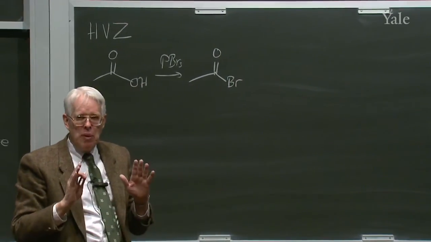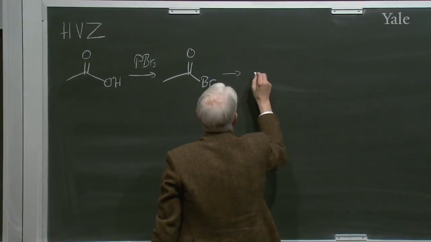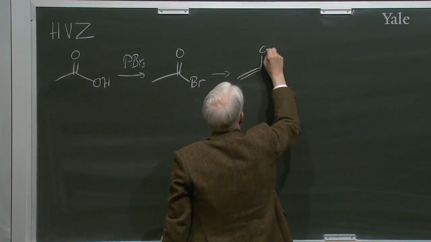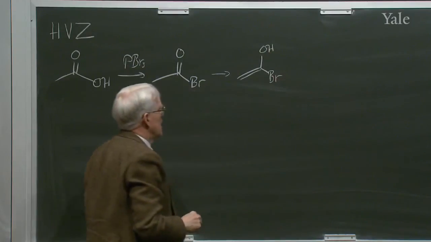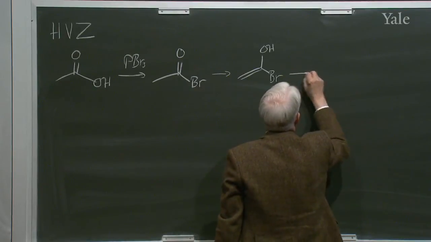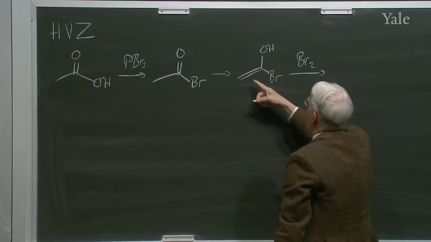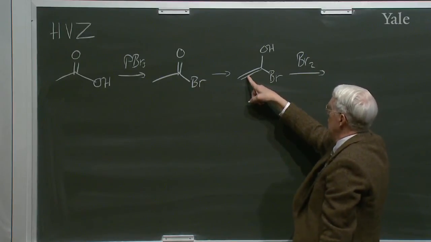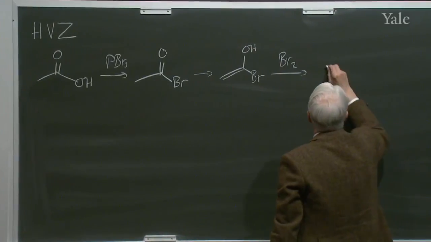But the acid bromide is very good at forming an enol. And if you have bromine present, bromine can attack the double bond because the cation will be stabilized with oxygen next door.